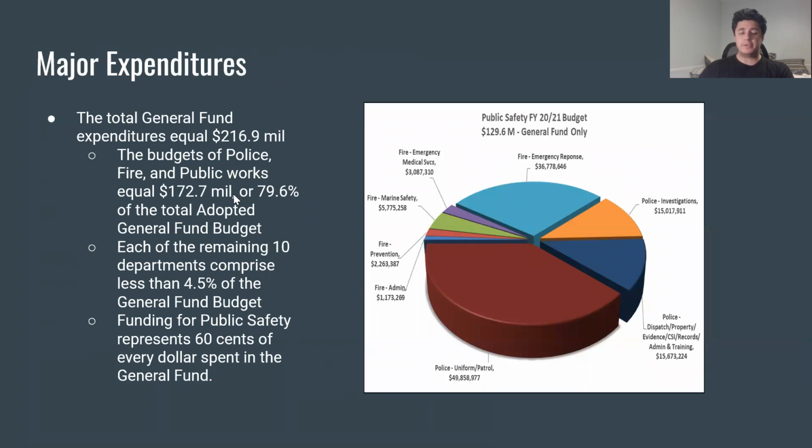Some of the major expenditures are the budgets for the police, fire, and public works. That equals $172.7 million, or 79.9% of the total adopted general fund budget. Each of the remaining 10 departments comprise less than 4.5% of the general fund budget.